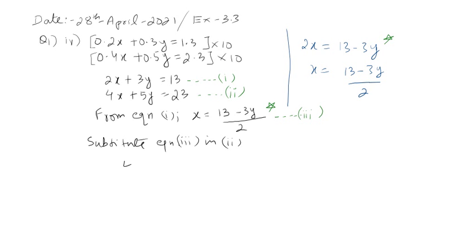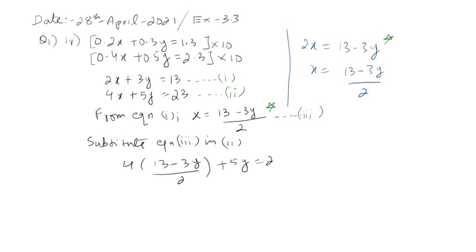So in 2, in place of x, I'll write (13 minus 3y) upon 2, plus 5y is equal to 23. This x will be replaced here. So this 2 and 4 will get cancelled, and I am left with 2. Okay, what I'll do, I'll directly write it.